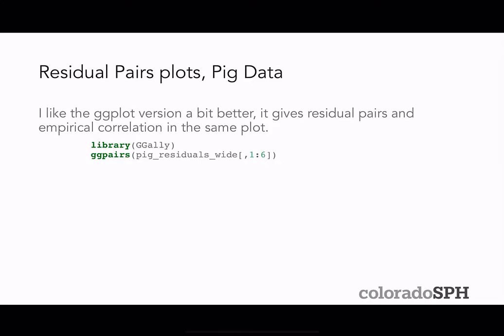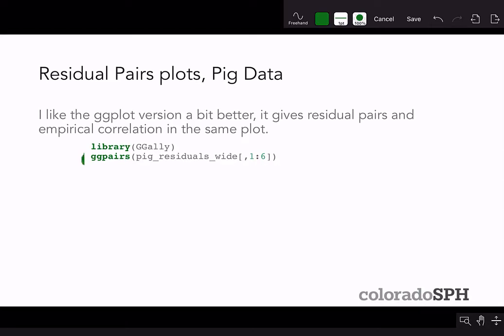I'm going to go back to the residual pair plots just for a minute, because you can calculate those using a ggplot type function instead, and I think this version is a little bit nicer. You calculate that using the ggpairs function from the GGally library, and you would produce it the same way. Here I'm taking the pig residuals wide.